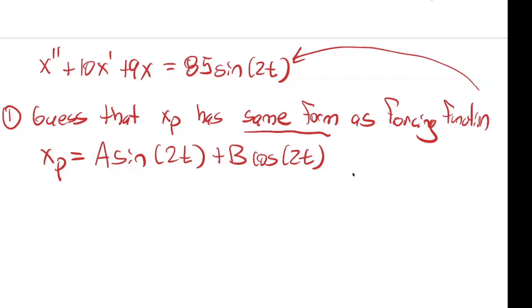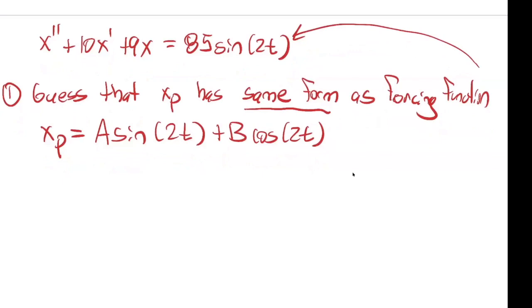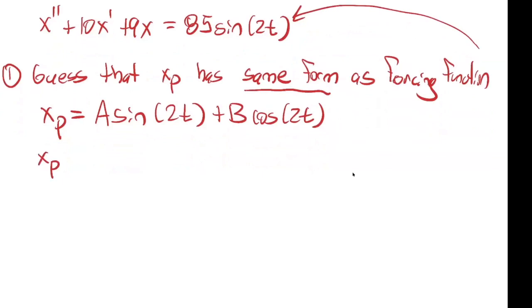So if we want to see if this works out, then we're going to take the first derivative, which would give me 2a cosine of 2t. And then we're going to take the derivative of the other term, which has a sign change now. So we would get minus 2b times the sine of 2t.